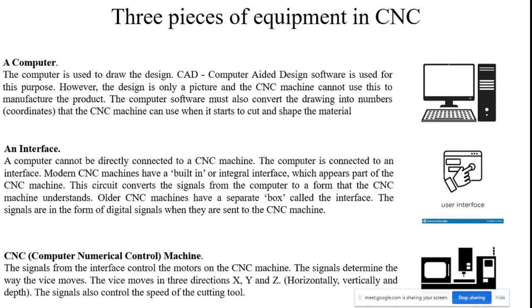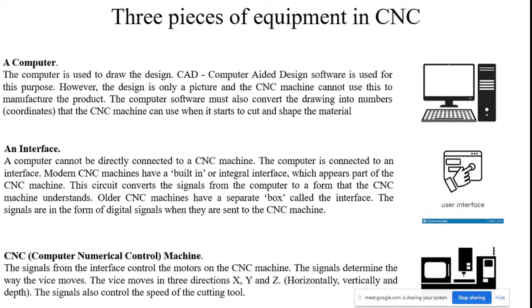After that, this alone is not enough, so the second piece of equipment is needed. That equipment is called the interface. Why do we need an interface? The computer alone cannot be directly connected to a CNC machine, so the computer is connected to an interface. Modern CNC machines have a built-in or integral interface, which appears as part of the CNC machine.